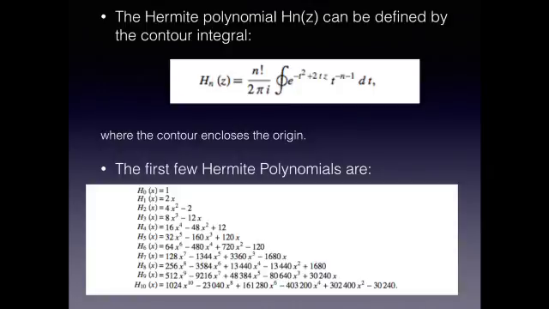Now for varying values of n from 0 to 10, we have the first few Hermite polynomials in this list, H0 of x to H10 of x.